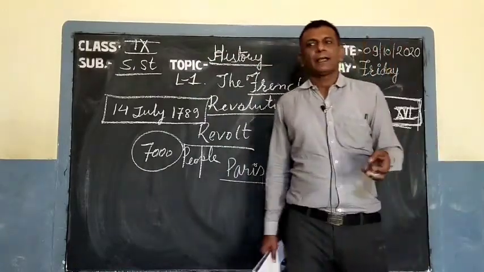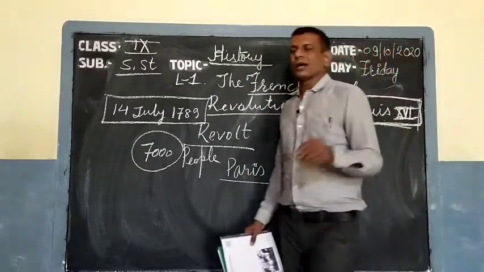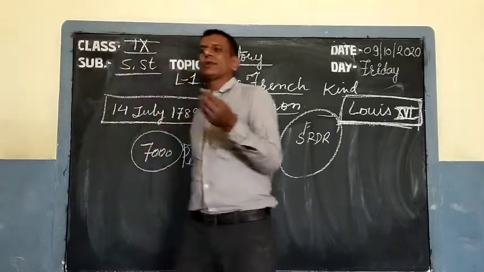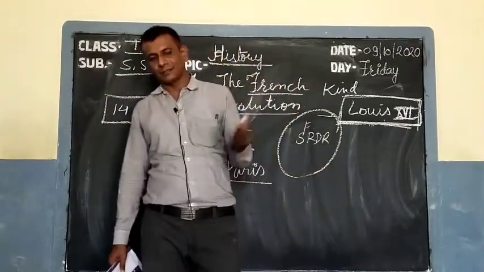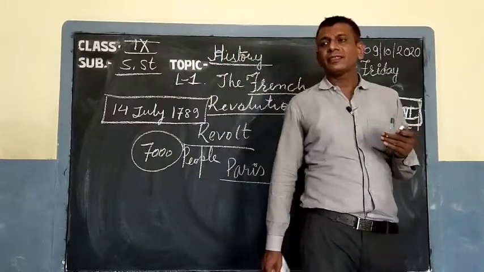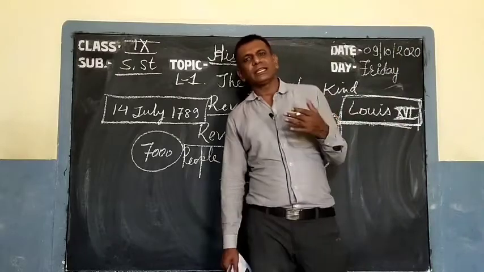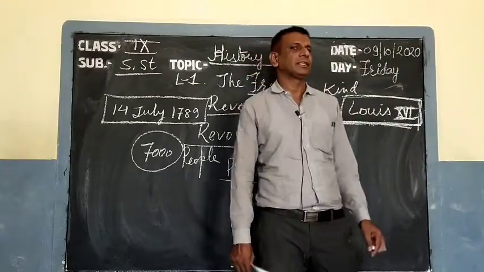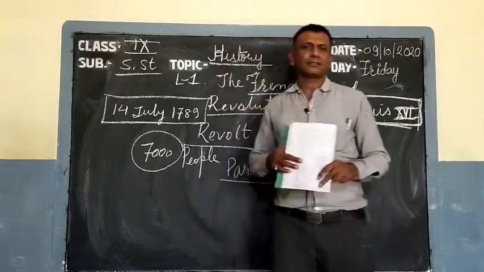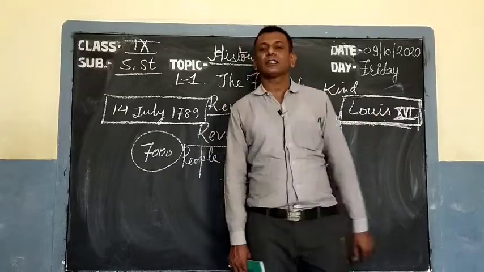And especially at that time, there were three categories of people. One, clergymen. Clergymen means people who work in the church and such religious activities. The other group was royalties, noble families, higher class families, people belonging to the king and the courtiers, the people who worked in the court of Louis XVI.